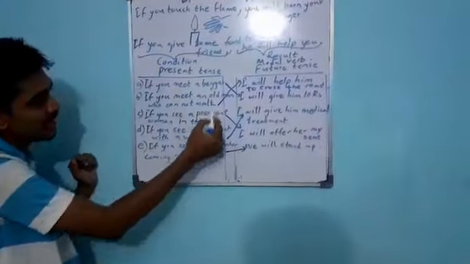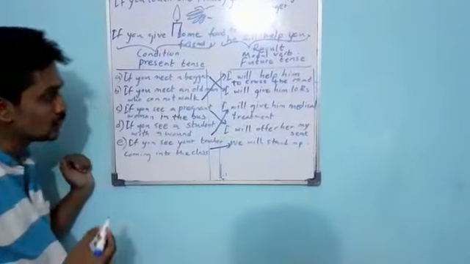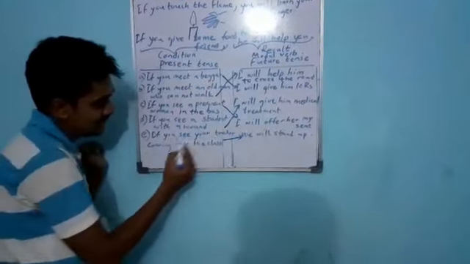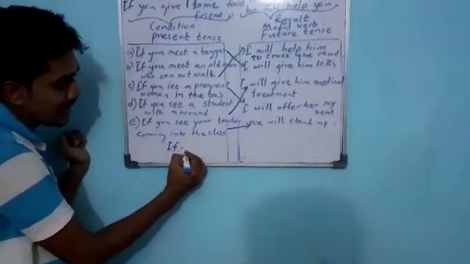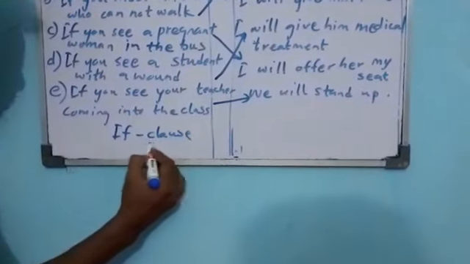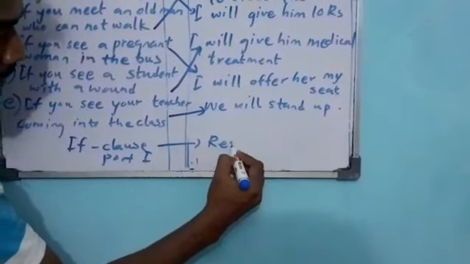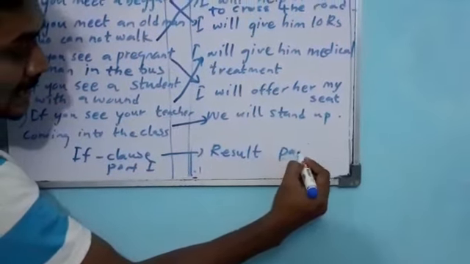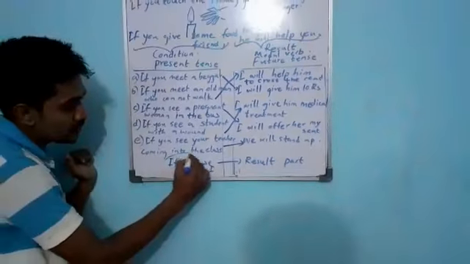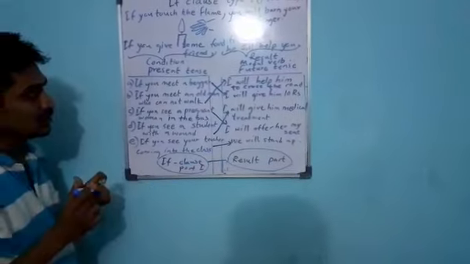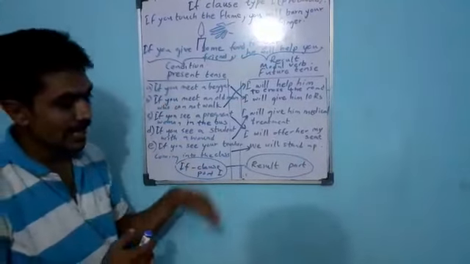So now here I have done a simple task with you. In the first part of this activity, the if clause is part 1 and the second one is the result part. So we can combine the if clause part with the result part like this. In your textbook, we have some more activities.